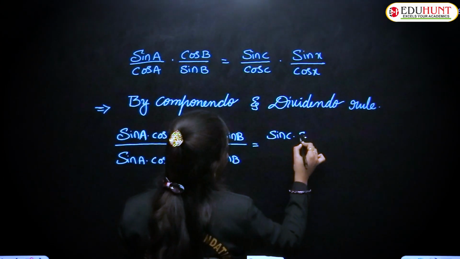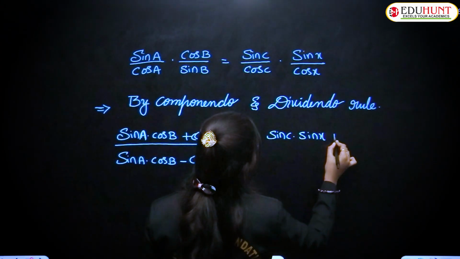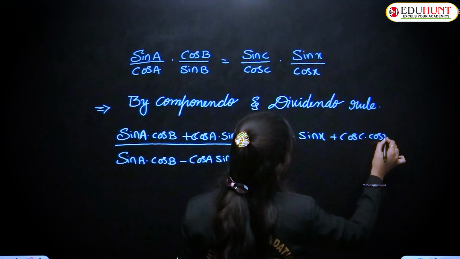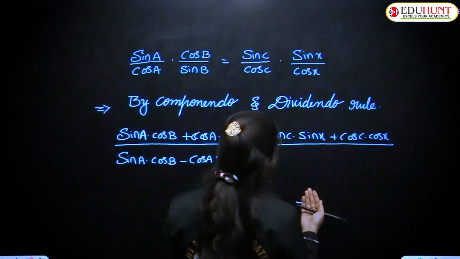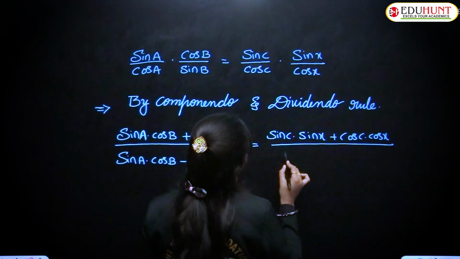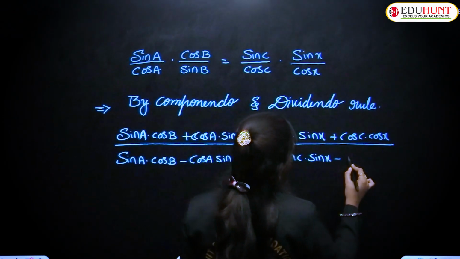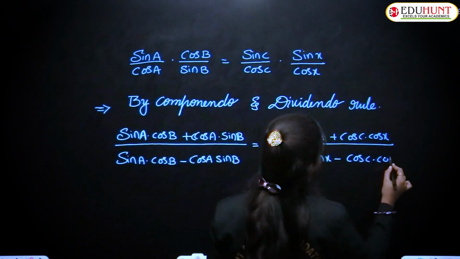So sin C sin x plus cos C cos x, whole by sin C sin x minus cos C cos x.